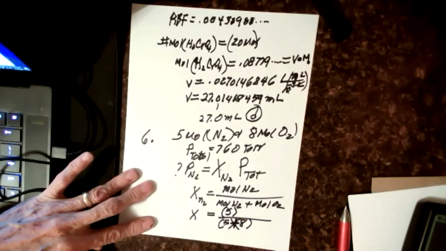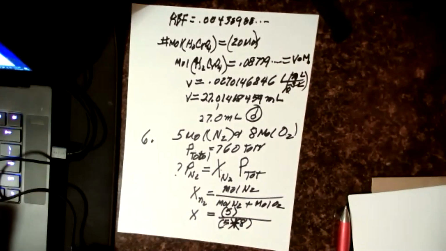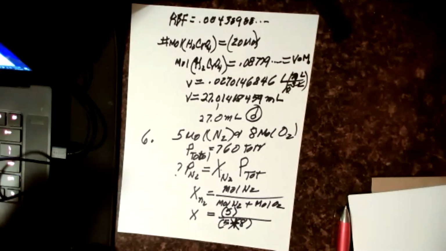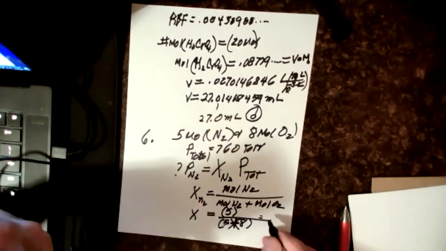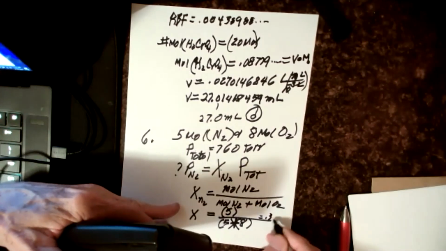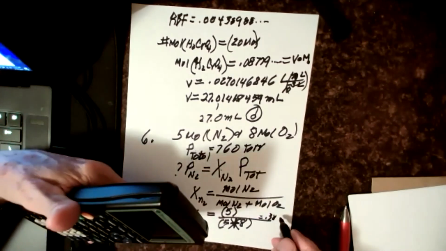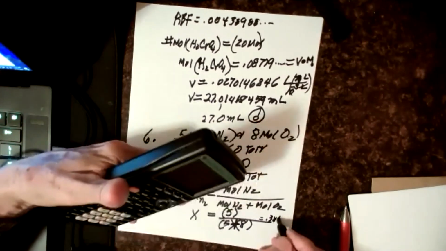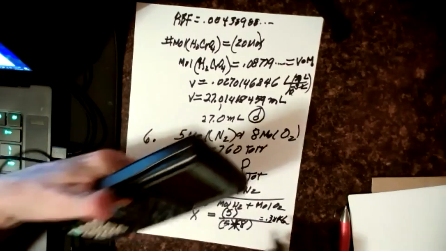There's 5 moles of nitrogen and 13 total. So I take 5 divided by 13, and this comes out to be 0.3846 and a whole bunch of digits.